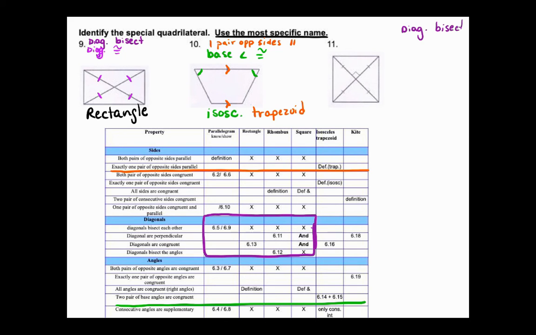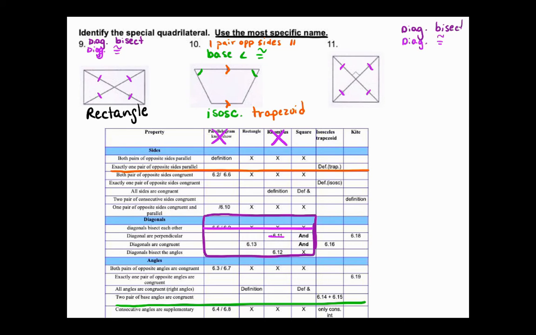Just like before, we have the diagonals being congruent because all 4 of them are marked exactly the same. So that means we're not just a parallelogram, and we can't be the rhombus because they don't have the congruent.